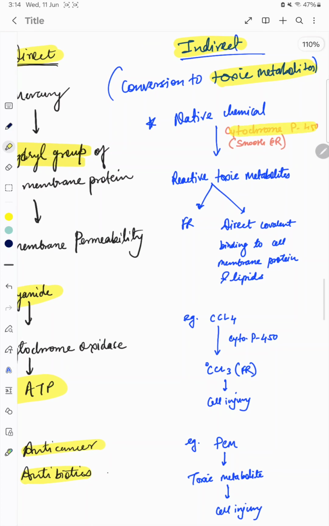Cytochrome P450, which is present on the smooth endoplasmic reticulum, converts these native chemicals into reactive toxic metabolites, which either form free radicals or bind covalently with the cell membrane proteins and lipids.